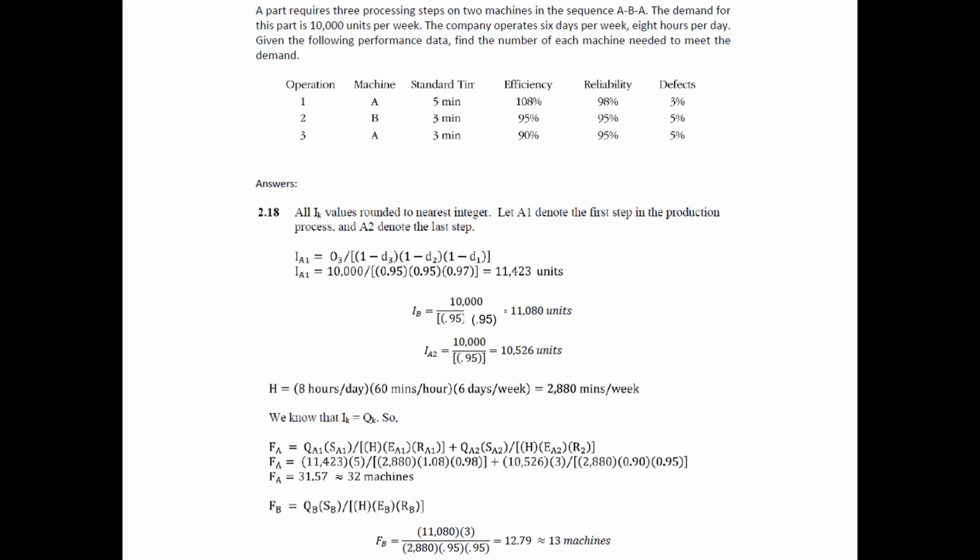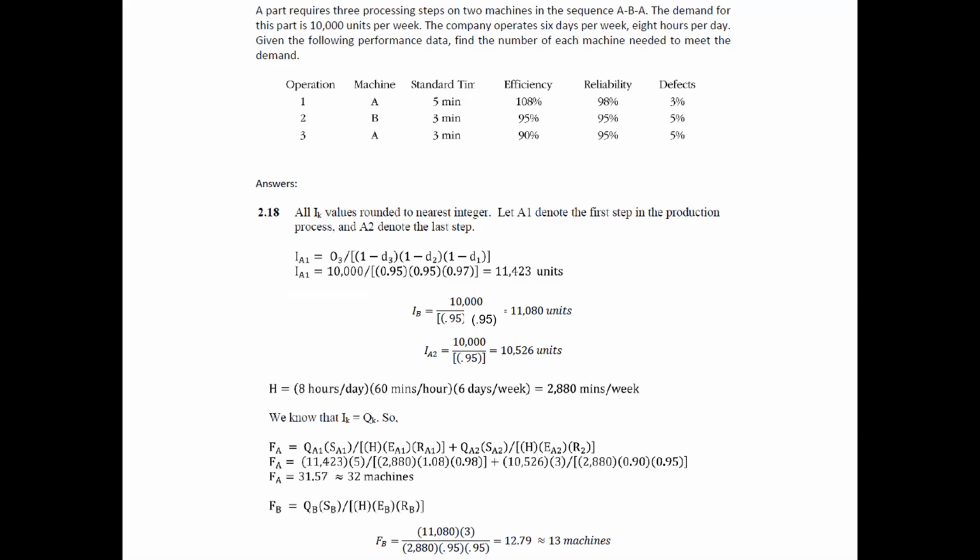Using this, the input that we found for each one of the machines is what we use for the Q value in this formula.